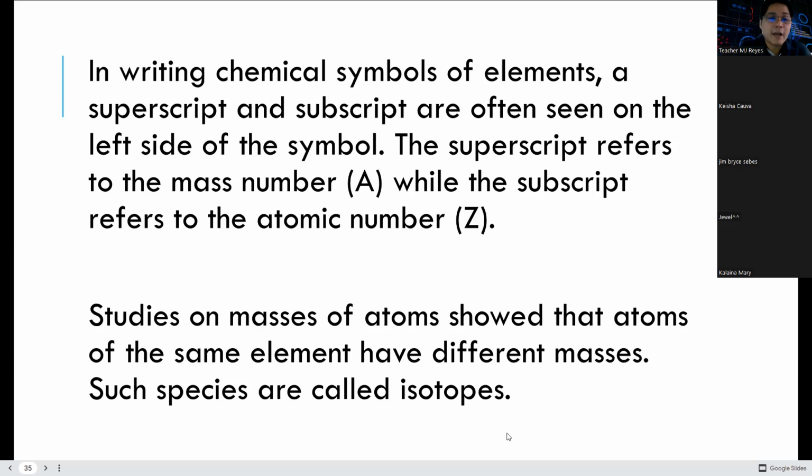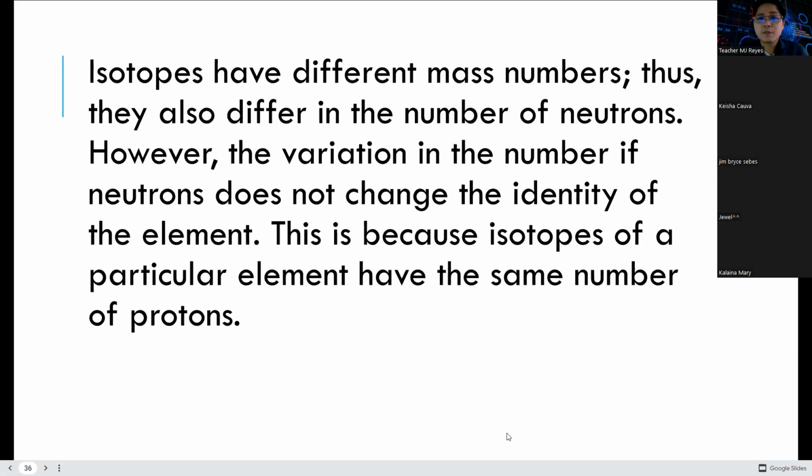Studies on masses of atoms showed that atoms of the same element have different masses. Such species are called isotopes, the ones I mentioned a while ago. There are some isotopes in a particular element, and different isotopes could mean different radioactivity or radioactive decay. Isotopes have different masses or mass numbers, so they also differ in numbers of neutrons.